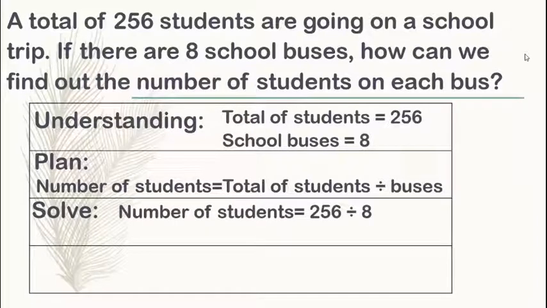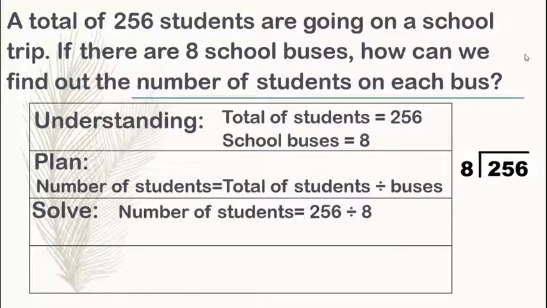We have here the number of students is equal to 256 divided by 8. So we need to do the long division. As you can see on our right side, we have the division house. So we will do the long division method.